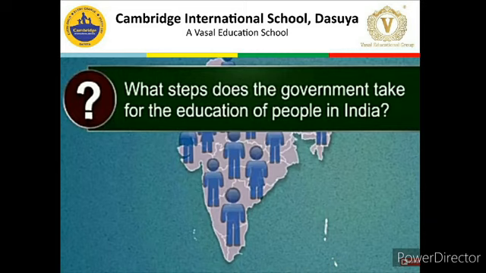Then we studied the 11th plan, which aims at increasing the enrollment in higher education of the 18 to 23 years age group to 15% by 2011-12 and 21% by the 12th plan.